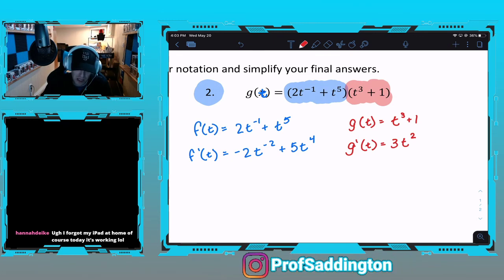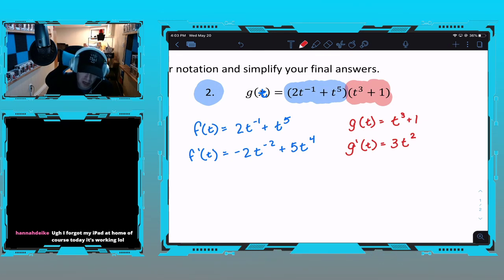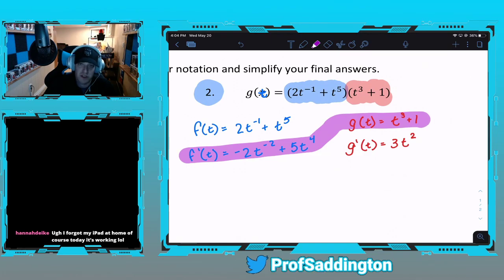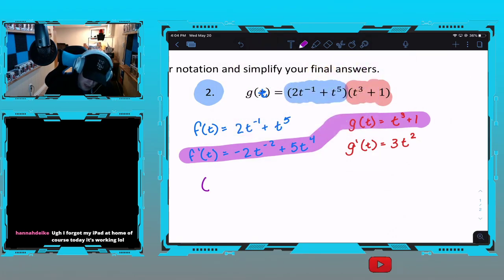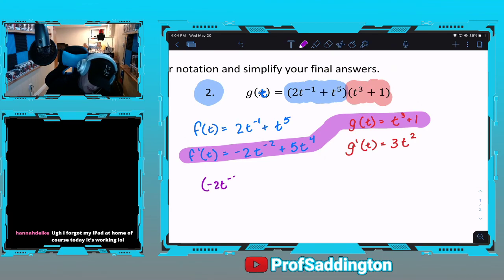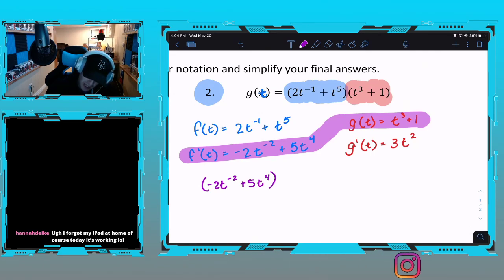From here, because I know this is product, we were doing multiplication. The product rule states that we multiply the first derivative by the first factor. So I got negative 2t to the negative 2 plus 5t to the fourth, and I'm multiplying it by t cubed plus 1.